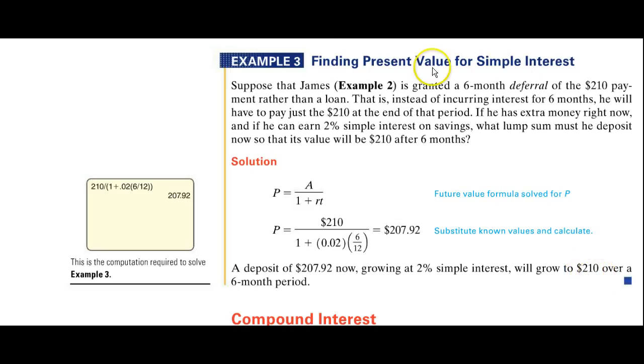This is the formula for future value, where you know what you want to end up with, but want to find the original amount you would start with, that is, your principal. So again, these two formulas are very similar, but one solves for A above, and this one solves for P.